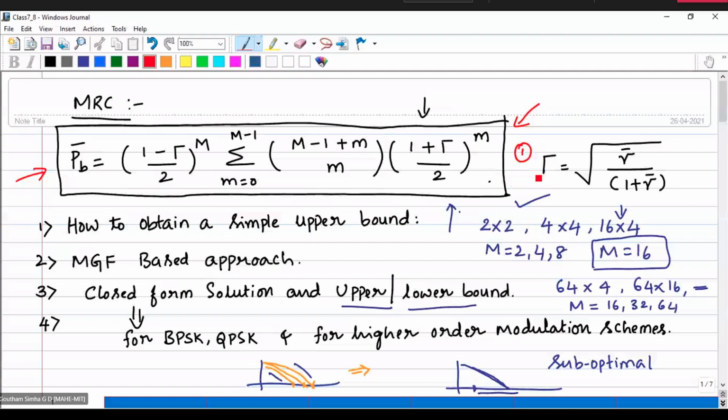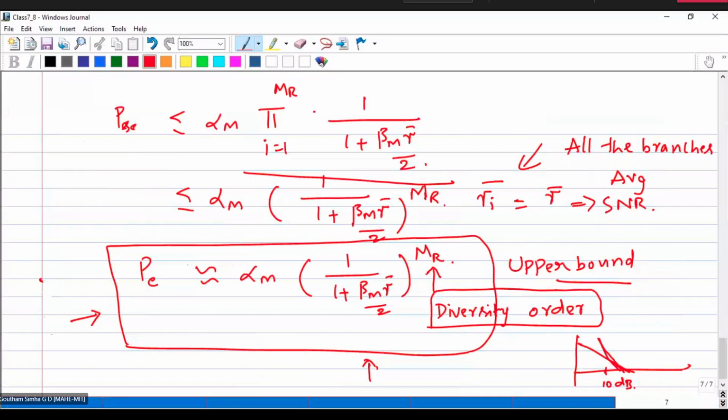This equation 1 and this equation 2 are almost the same for higher SNR values. If you are finding the probability of error, both equations are one and the same.